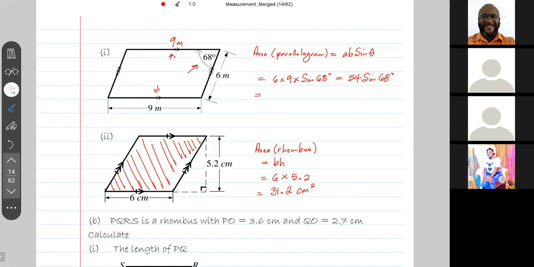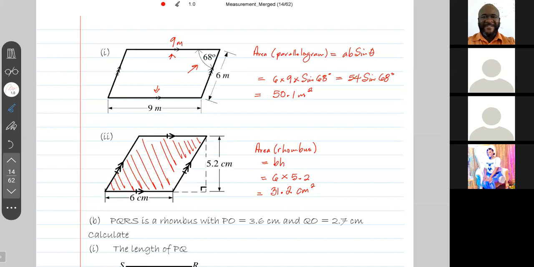And I believe when I did, I got my answer to be 50.1 meters square, to 3 significant figures. So the area of the parallelogram would be 50.1 meters square. Please remember that your syllabus says, unless otherwise stated, you must write your answer to 3 significant figures.